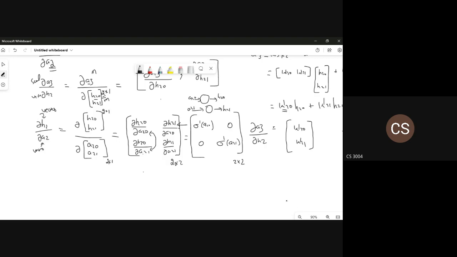So this is going to be the case for all nonlinear activation functions. Whenever I pass an element through an activation function, the output depends only on the input to that activation function. Even if my network contains m neurons, the derivative will be a matrix where only the diagonal elements are nonzero.